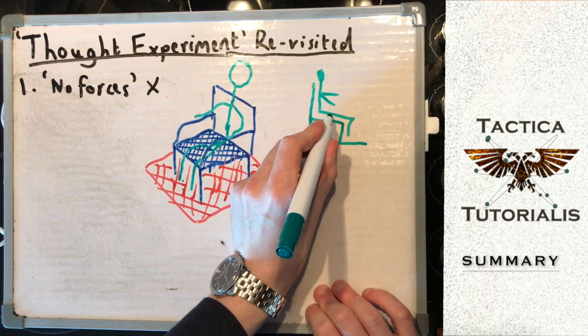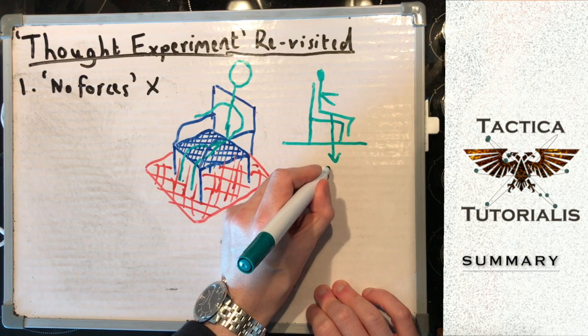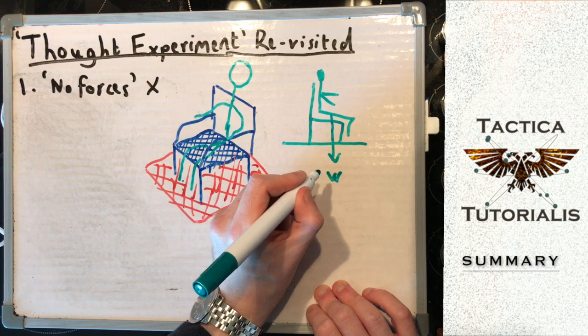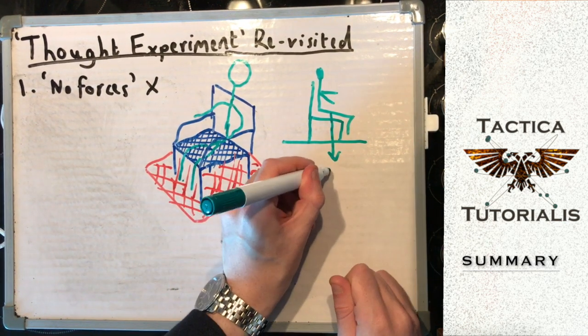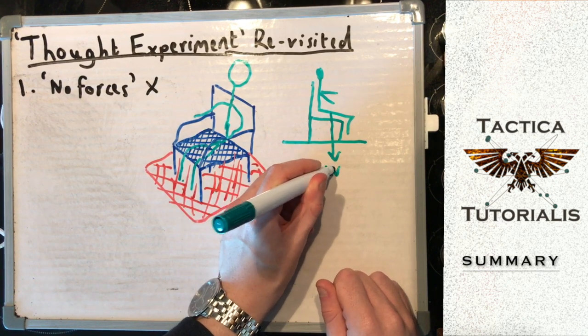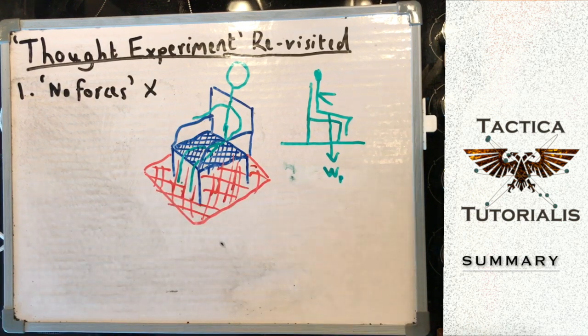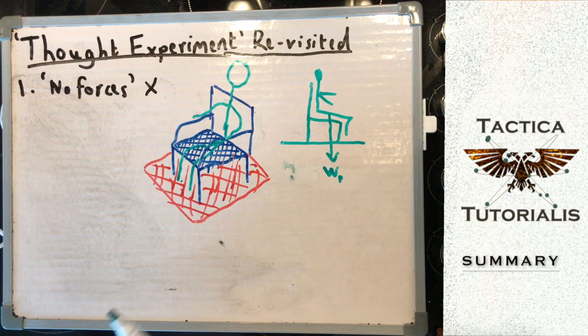So that means that the person has a weight, which I'm going to call lowercase w. I'm only calling it lowercase because you'll see why in a moment. So I'm calling it lowercase w. And that is the weight of the person. So therefore, this answer of there being no forces must be wrong.